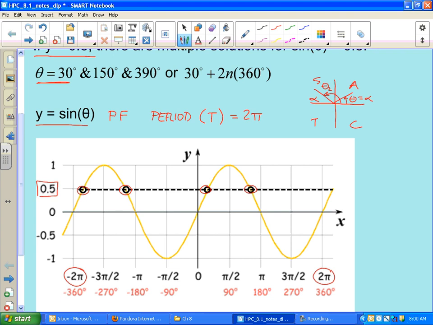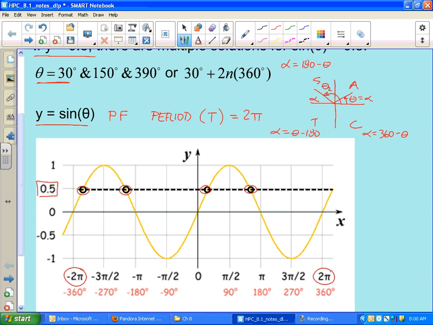So we said from chapter 7 that in quadrant 2, our reference angle is equal to 180 degrees minus our theta. And in quadrant 3, theta minus 180 produces our reference angle. And in quadrant 4, 360 minus theta produces our reference angle.